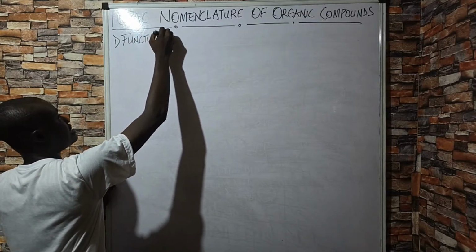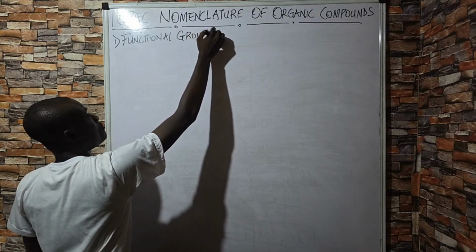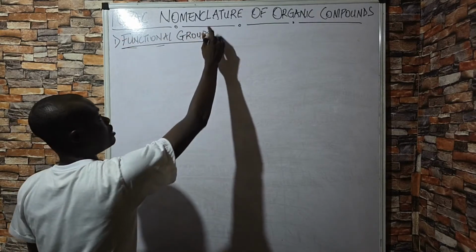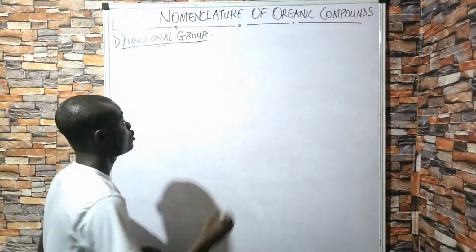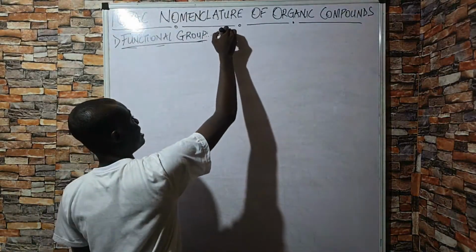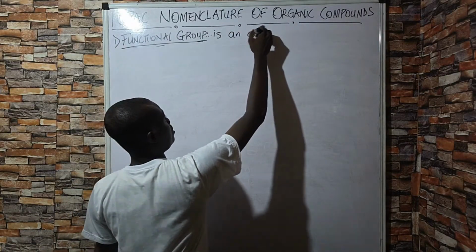So one key thing we'll keep talking about throughout the course of naming organic compounds is what we refer to as functional group. So what is a functional group? Very simple. A functional group is defined as an atom.